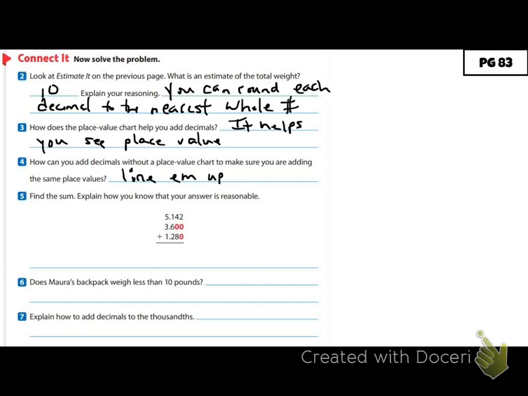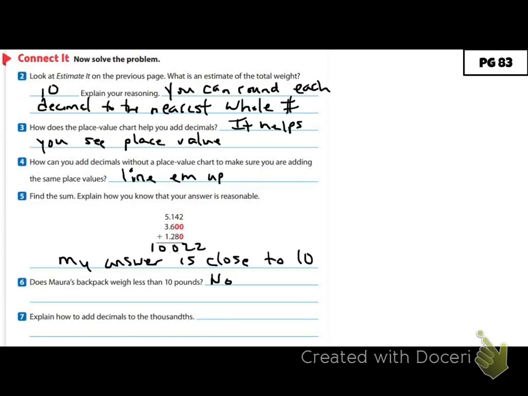Find the sum. Explain how you know that your answer is reasonable. Well, my answer is close to 10 because when I add these up, I'm going to get 10.022. Does Mara's backpack weigh less than 10 pounds?